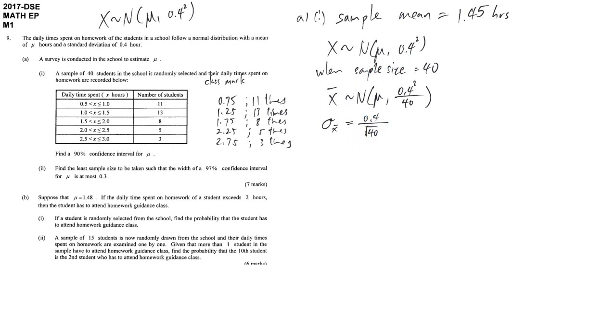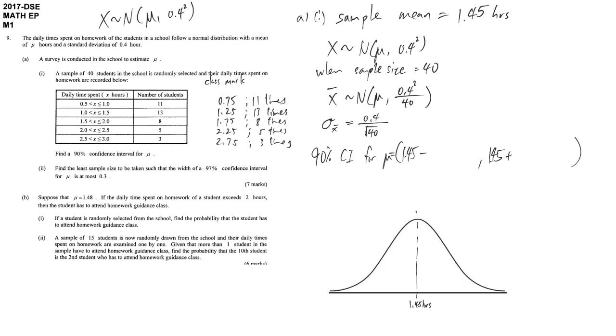Now we can construct the 90% confidence interval for μ. It should be from our starting point 1.45 minus something to 1.45 plus something. A 90% confidence interval implies that we use the corresponding upper limit and lower limit to ensure that 90% of the data is covered within this range.